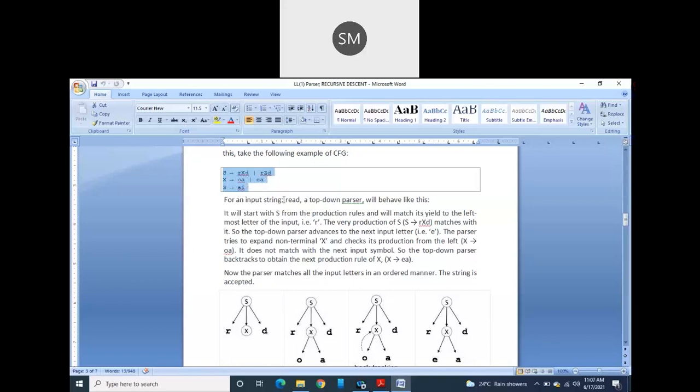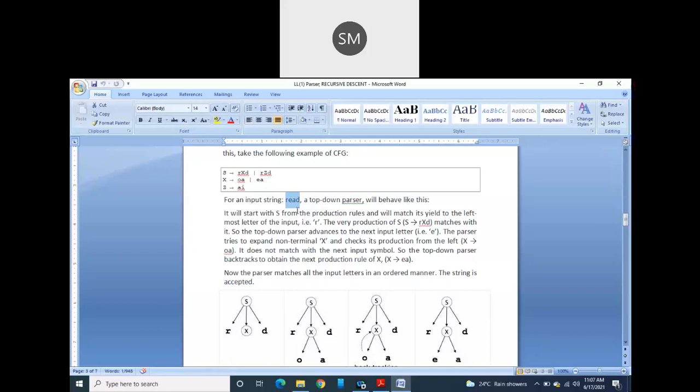Suppose in your program or any input text you have written the word read, then how will it be matched in a top-down parser?